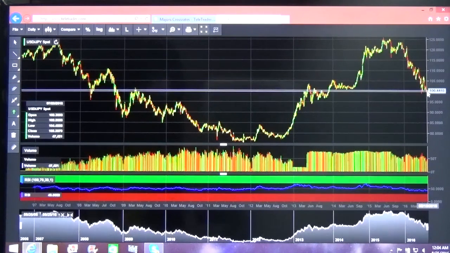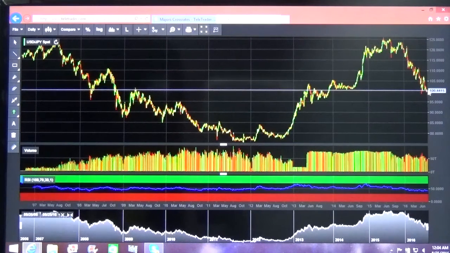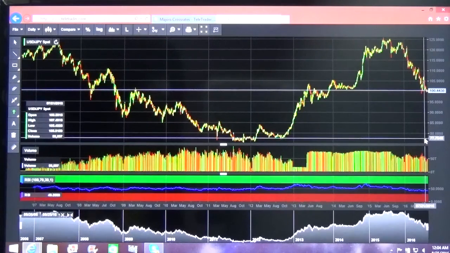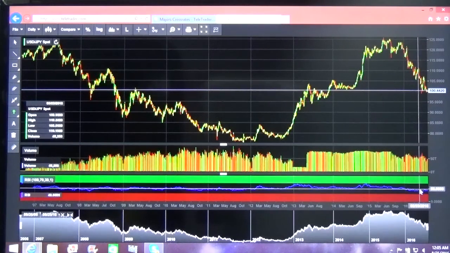If you look carefully, it is making a lot of sense that it is now falling. It is falling, meaning that we should sell yen, considering the fact that the Bank of Japan is left with little firepower. They have no firepower left right now, so they cannot do anything, and things may go here and there. So there is a big probability that you need to sell. And if you carefully see here also, which is the RSI, very well visible in the video also, it is less than the line, which suggests that you should sell.